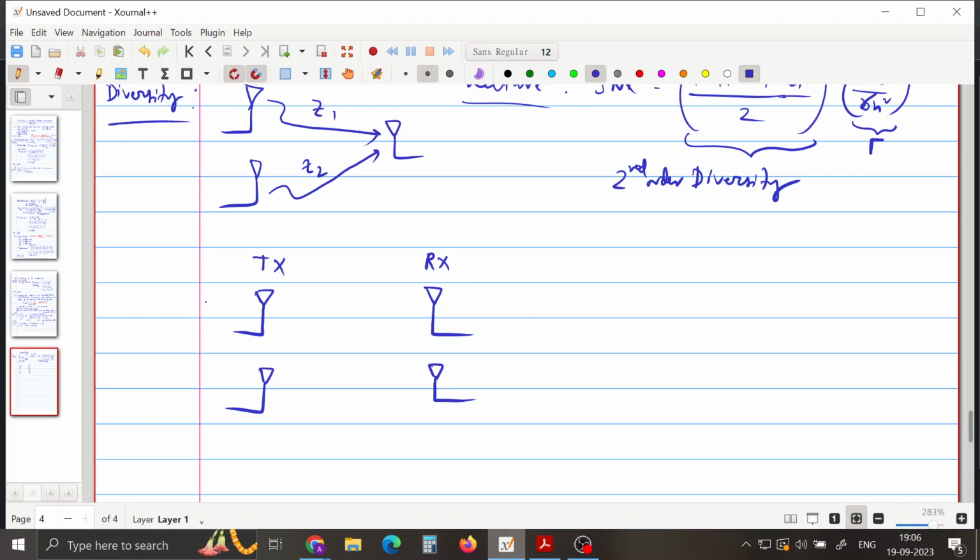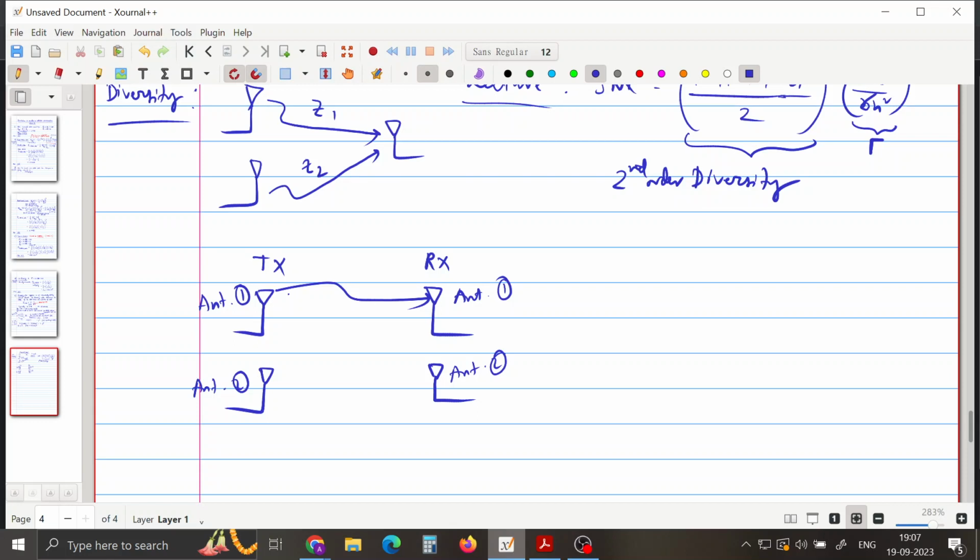So this is antenna 1, antenna 2 at the transmitter. This is antenna 1, this is antenna 2 at the receiver. Now there will be how many channels? Previously there were 2 channels. This time there will be 4 channels, correct?